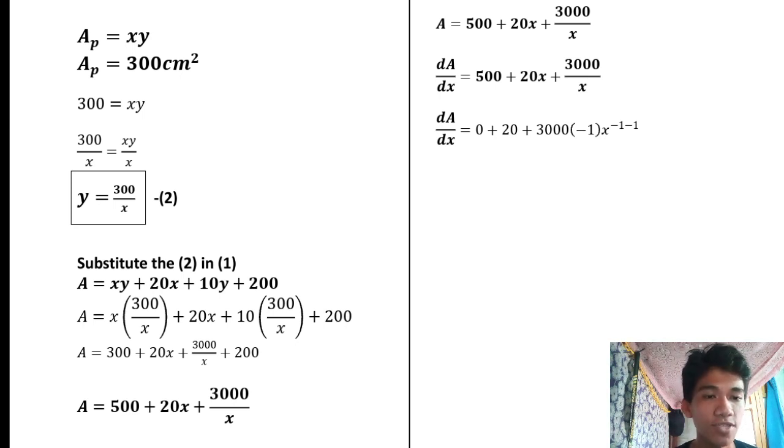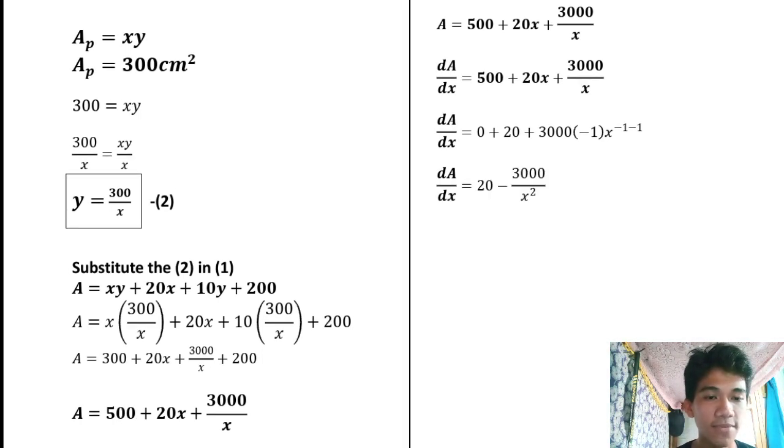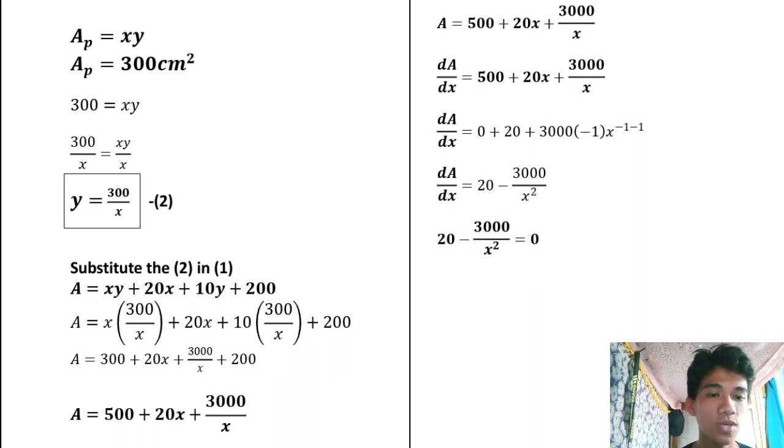So we subtract 1 from negative 1, then multiply negative 1 by 3000. So we have dA over dx equals 20 minus 3,000 over x squared. After that, we set 20 minus 3,000 over x squared equal to 0.